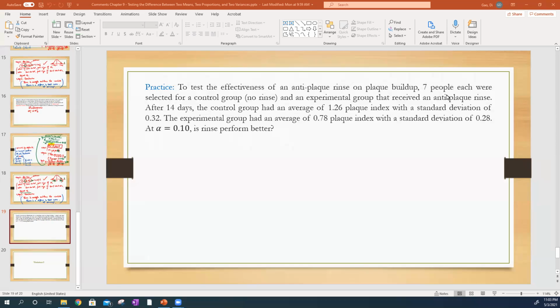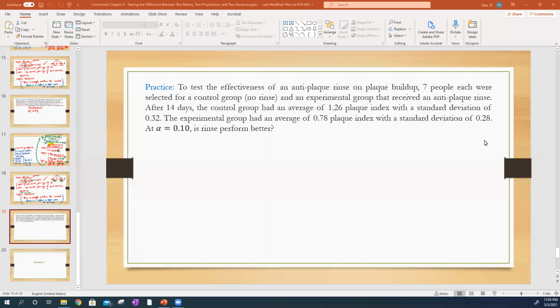Hello everyone, let's now look at the last practice problem for chapter 9. To test the effectiveness of an anti-plaque rinse on plaque buildup, 7 people each were selected for a control group and an experimental group that received an anti-plaque rinse.